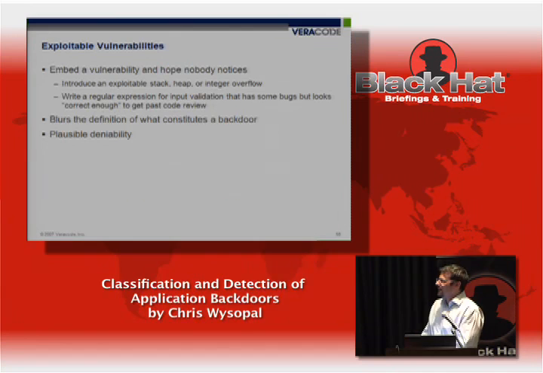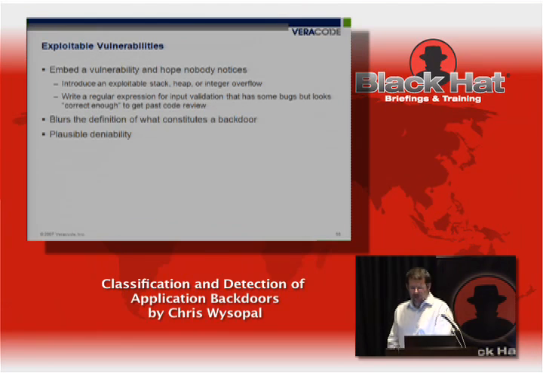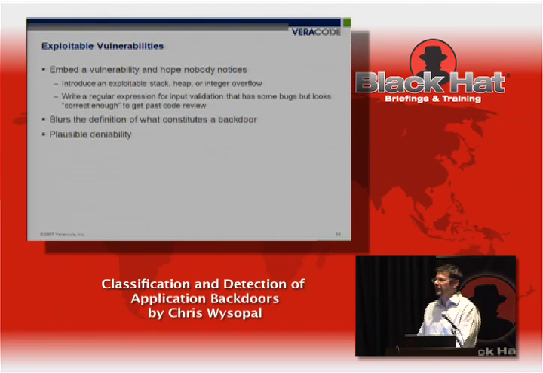The final category I'm going to talk about is just exploitable vulnerabilities. What if the person who's putting in the backdoor is really good at writing exploit code? They could put in a buffer overflow or a SQL injection or some other vulnerability in the program that gave them the ability to run commands on the system. And then if it ever got discovered, no one would think anything was up.